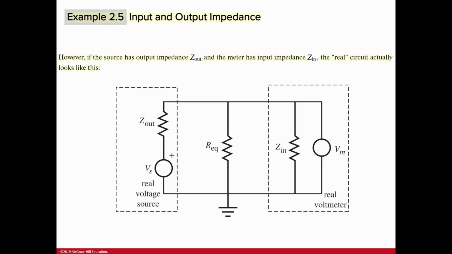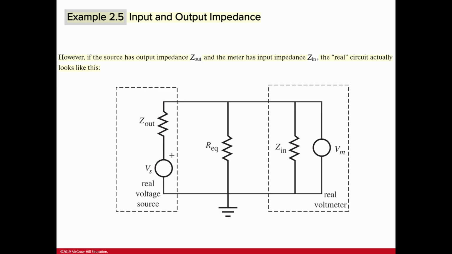And like I said, when we have a high impedance like this, there is a very small current drawn by the voltmeter, so you can ideally ignore this.